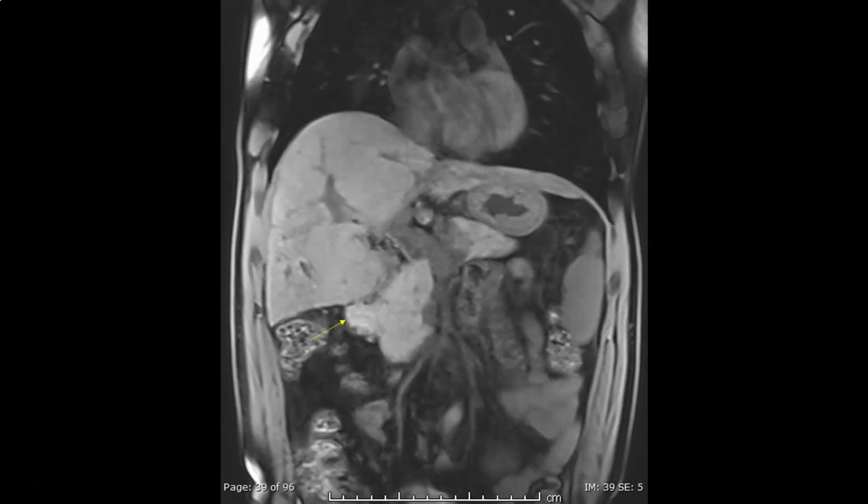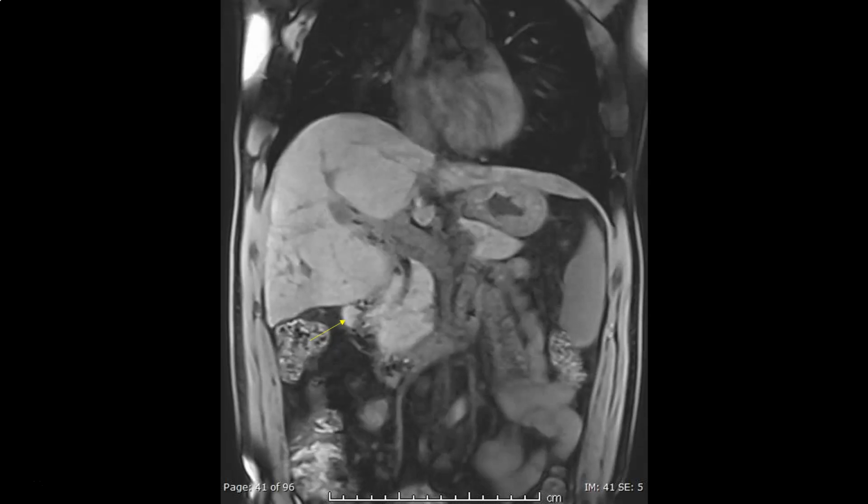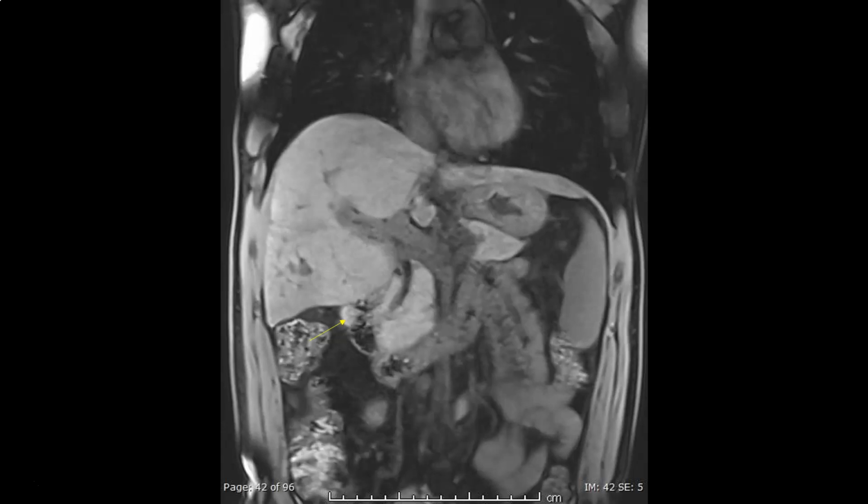On this image, we see a projection of the pancreatic head on its right side. And here we see that this projection goes to the right side of the duodenum.